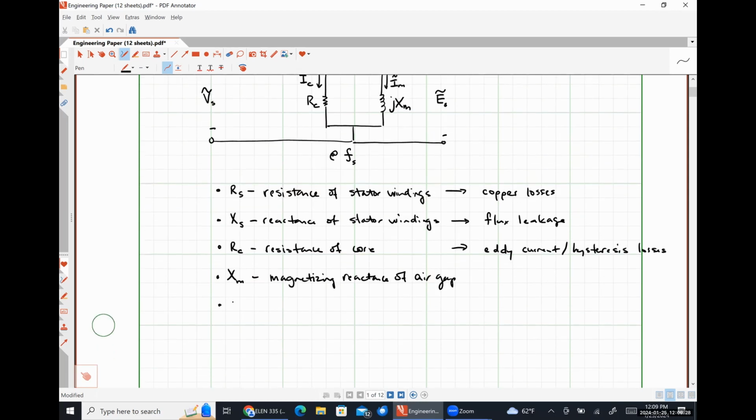And then just as a distinction here, Vs is what we're going to call our terminal voltage of stator windings. And so that's the voltage that we apply to the stator to cause the device to operate.